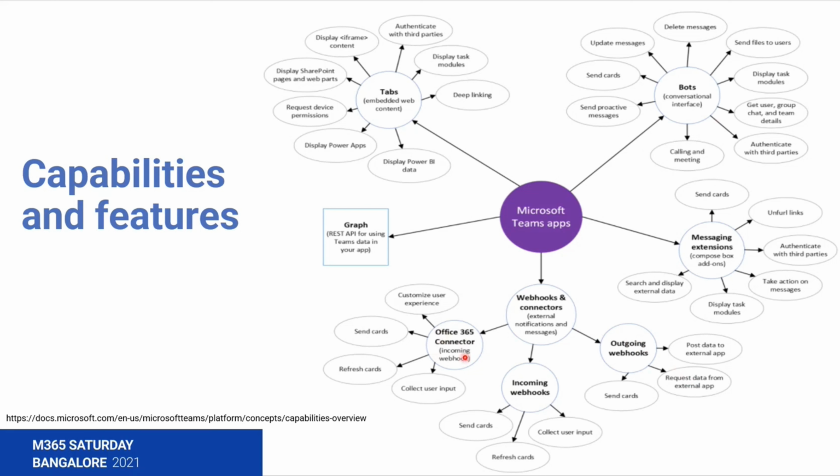With Office 365 connectors, which is only for incoming webhooks, you will be able to collect user inputs, send cards, and customize user experience. So this more or less gives you a high level picture of what kind of deep level functionality you can use, what the different scenarios are, and the availability of the functionality you can build using a Microsoft Teams app.